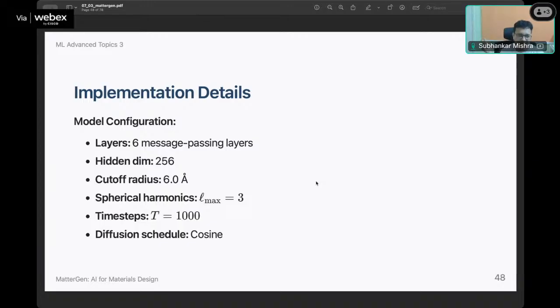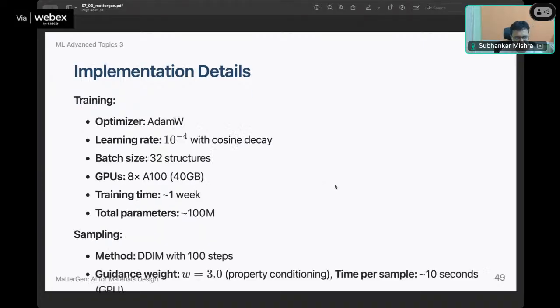Hidden dimension is 256. Cutoff radius, where you put an edge or you don't, is 6 angstrom. Spherical harmonics, which was discussed previously, is 3, and time steps is 1000 for the diffusion, meaning how many time steps you add noise, and the scheduling is cosine. The optimizer is Adam.